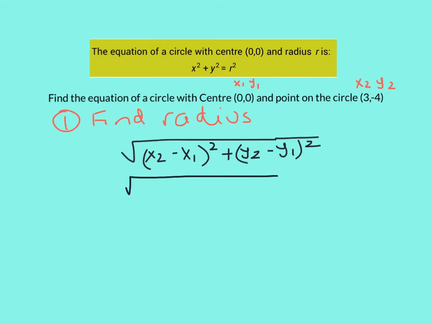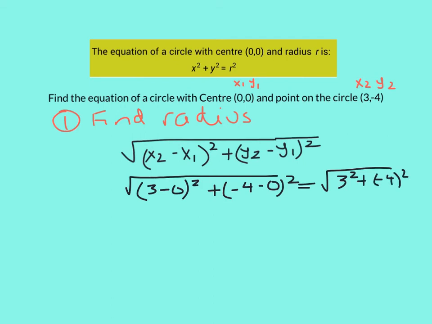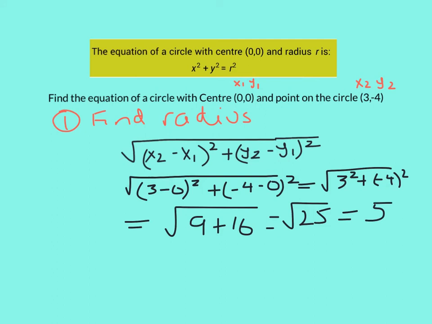I get the square root of x2 minus x1, so that's 3 minus 0 to be squared, plus y2 minus y1, so I get minus 4 minus 0, and I'm going to square that, and that gives me 3 squared, and then plus minus 4 squared, which will give me 3 squared is 9, minus 4 squared is 16, so that gives me root 25, which we know is going to be 5, and that's going to be my r. So you can write that in.